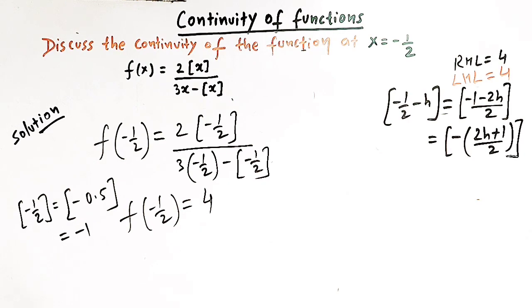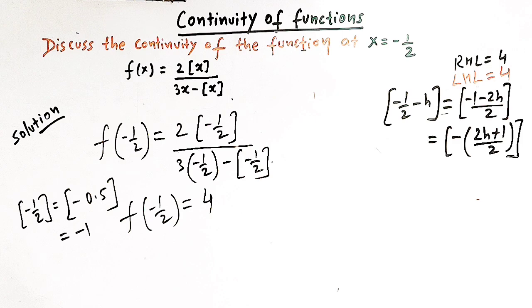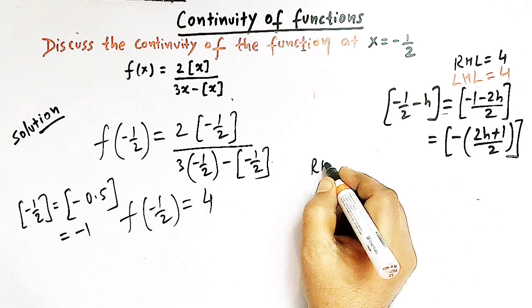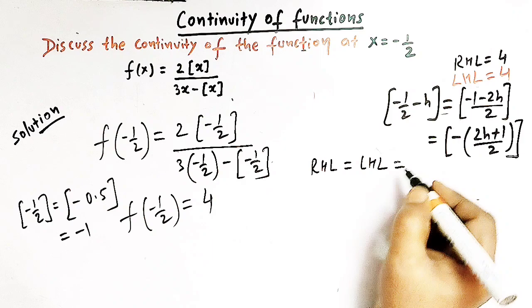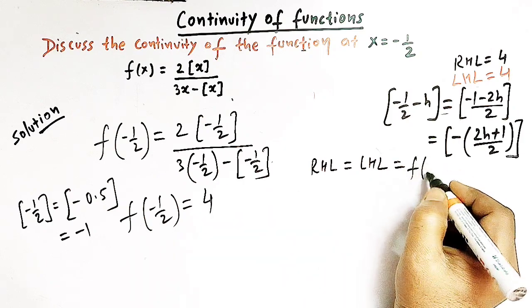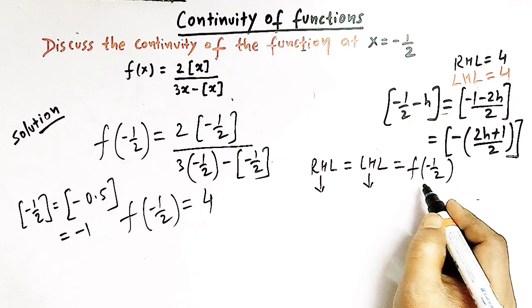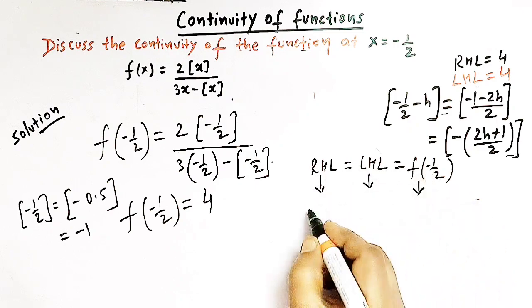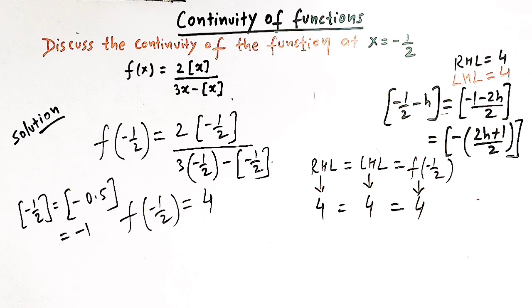So, viewers, from this discussion, we have arrived at the conclusion that the right hand limit is equal to the left hand limit is equal to f of minus half, because the value of these three quantities is equal to 4, right?